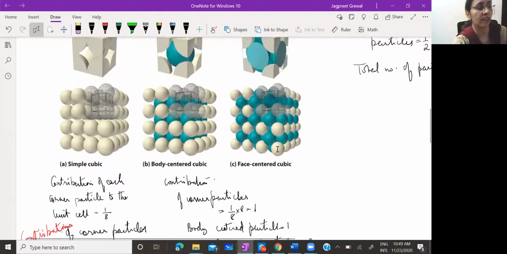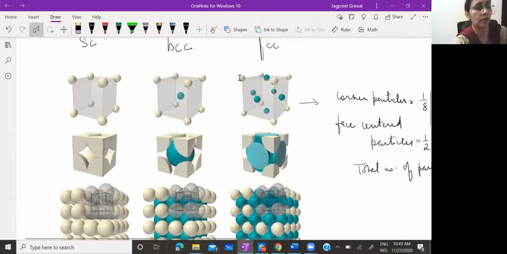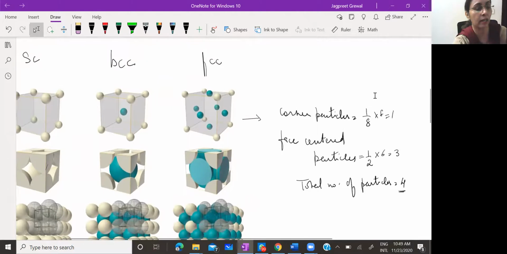Then face-centered: in the face-centered unit cell, you have 8 corner particles, with contribution 8 into 1 by 8, that is 1. A face-centered particle is shared by 2 unit cells, half in this, half in the adjacent unit cell. So its contribution is half. The total number of faces is 6, so the total contribution is 3. So the total number of particles in FCC is 4.